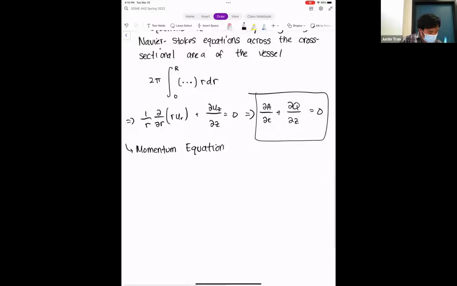And so our momentum equation, let me just write it in differential form.